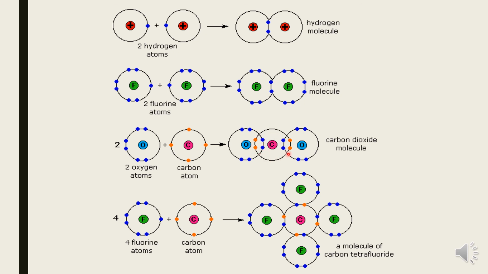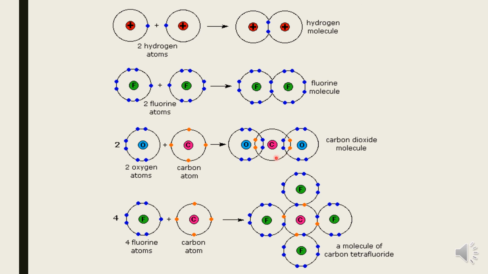And in both the oxygens, 6 electrons are already there plus 2 electrons which are shared by the carbon atom. Same with this oxygen atom. So carbon is forming a double bond with this oxygen and also forming a double bond with this oxygen. So two double bonds are forming in case of the CO2 molecule.